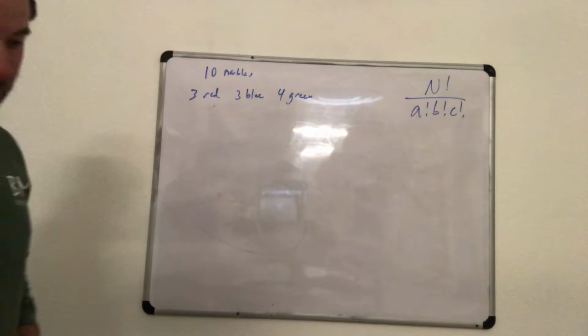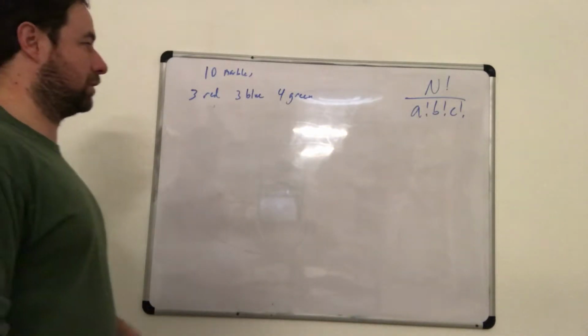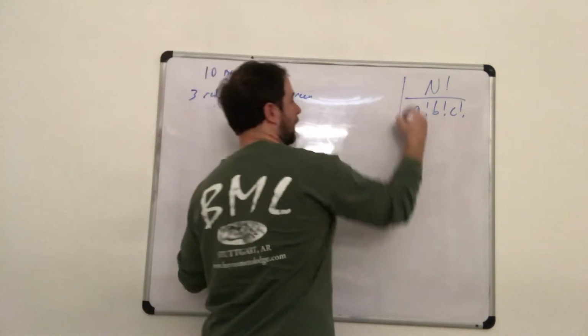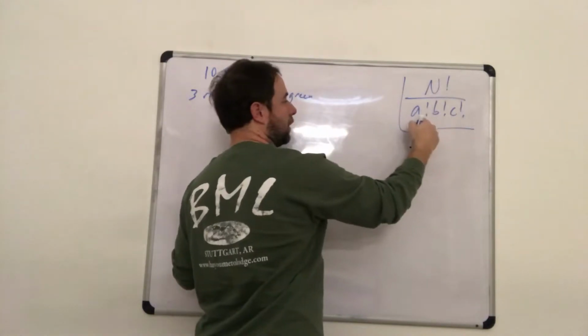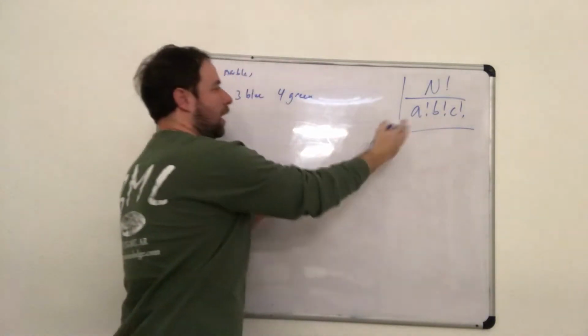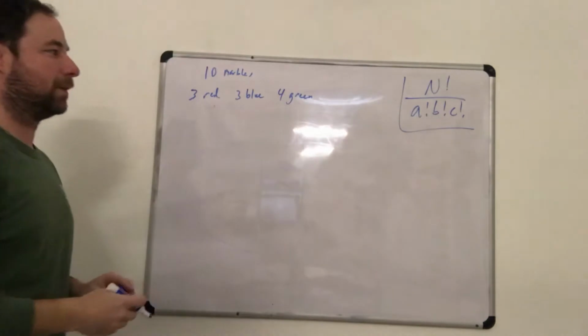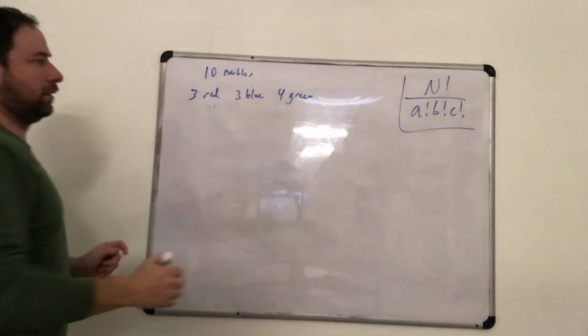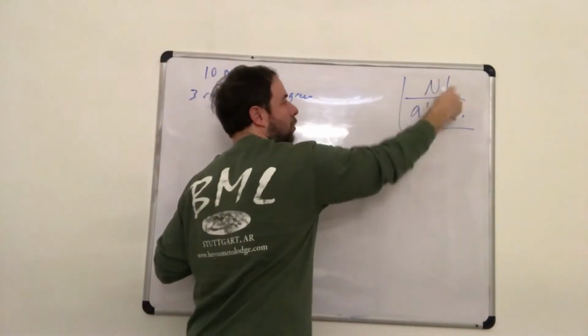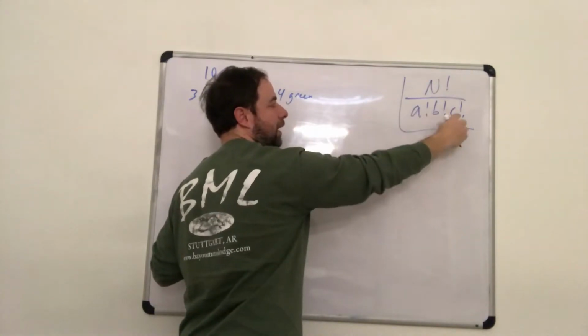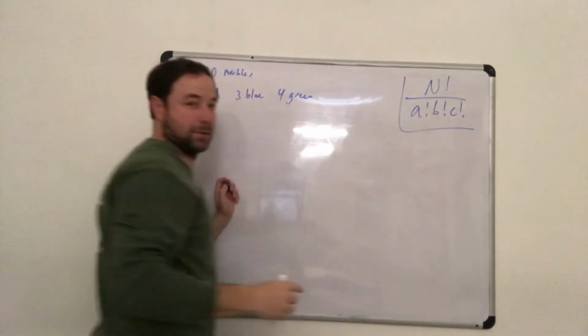This next concept is called distinguishable permutations. It's going to have a formula right here where it's N exclamation mark over A exclamation, B exclamation, C exclamation, however many you need there. On top you're going to have the overall number of possibilities, and on the bottom you're going to put your duplicates.